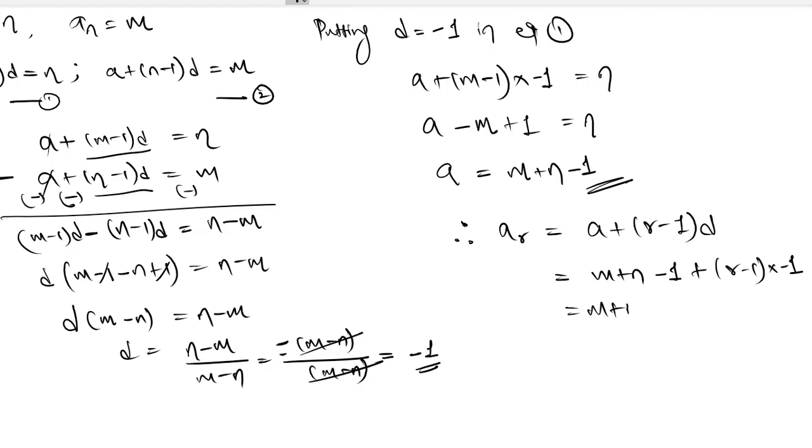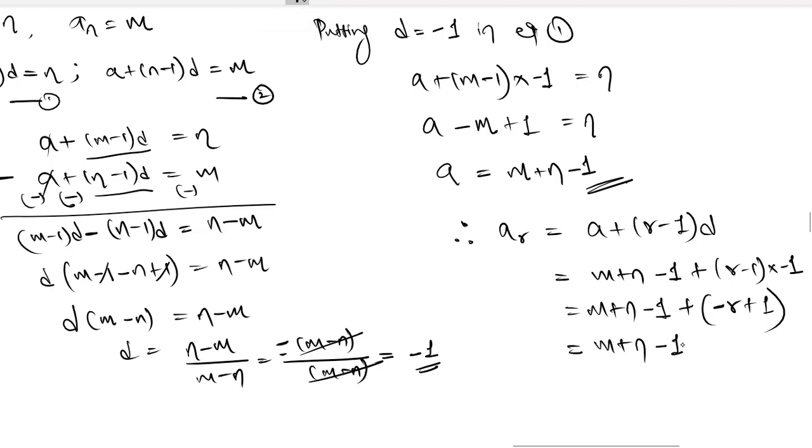So m plus n minus 1 plus, this r into minus 1 will become minus r, and minus 1 into minus 1 will become plus 1. So I just multiplied minus 1 in the bracket with (r minus 1), and here I'll get m plus n minus 1. Okay, this will change. Just a moment.